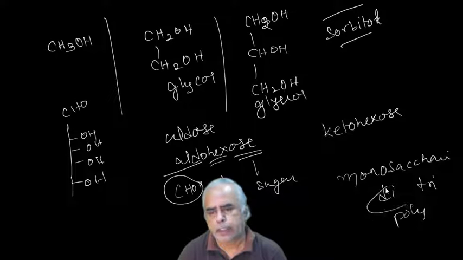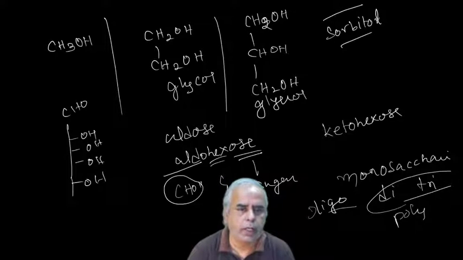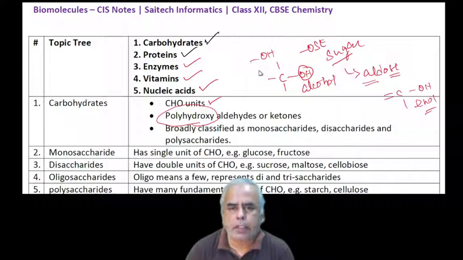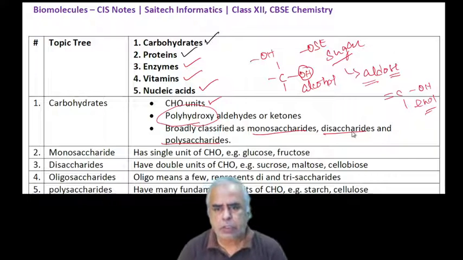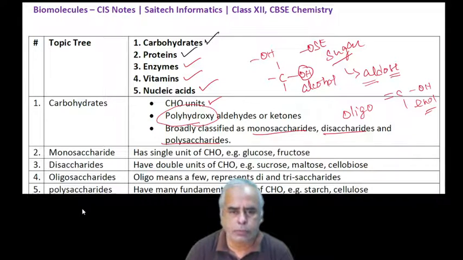So these di and trisaccharides are called oligosaccharide. Okay, right, let me come back. So they are classified, as I already suggested, as monosaccharide, disaccharide, trisaccharide, polysaccharide. These disaccharide and trisaccharide together, they can be called oligosaccharide also.